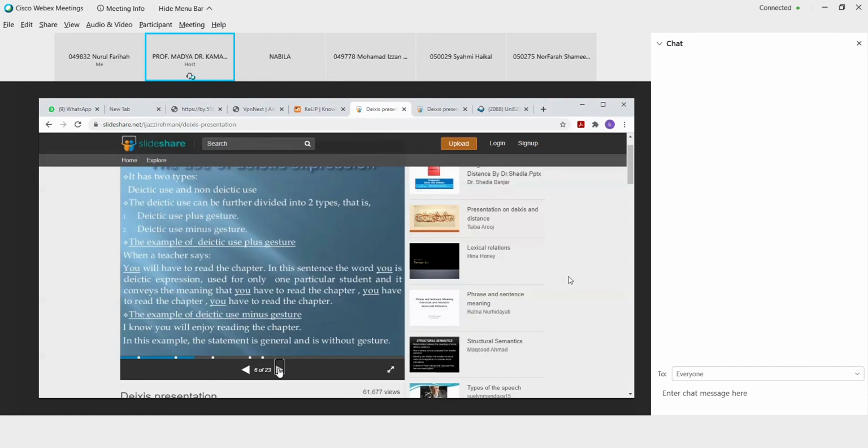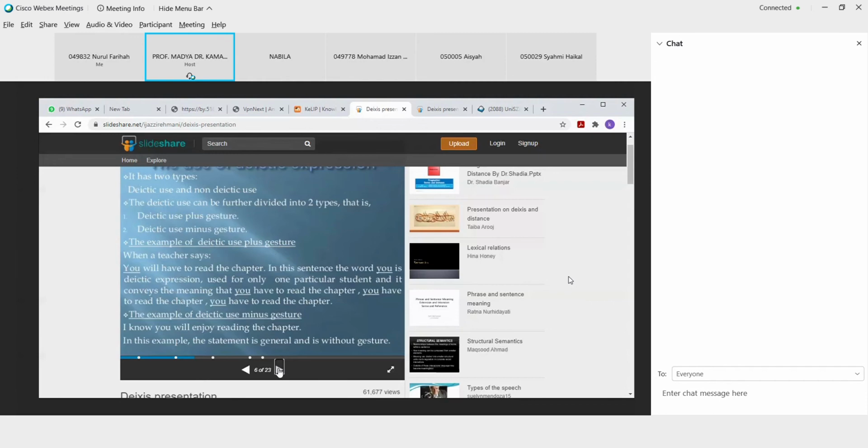There are two types: deictic use and non-deictic use, meaning some expressions use deixis and some do not. Non-deictic use means there are no elements of pronouns, time, or space deictic expression. Deictic use is further divided into two types: deictic use plus gesture and deictic use minus gesture.